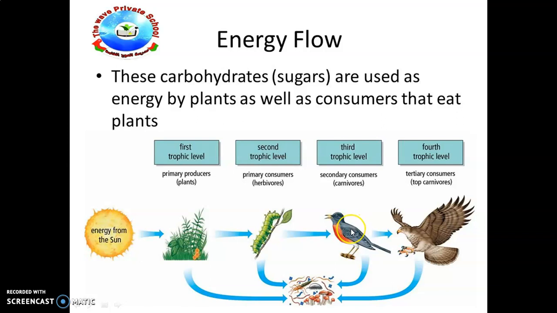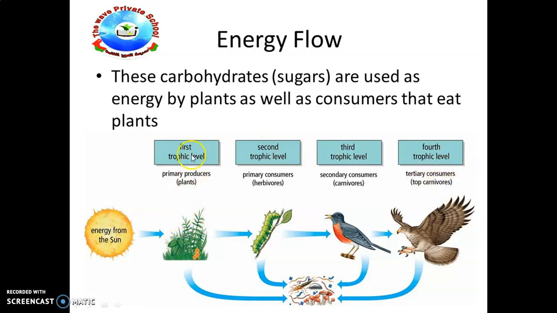And then we can see this one as secondary consumers, they are carnivores. The living things which feed on animals are called carnivores. And also the final bird here, the hawk, is known as a tertiary consumer. That is the fourth trophic level, we can say, top carnivores.